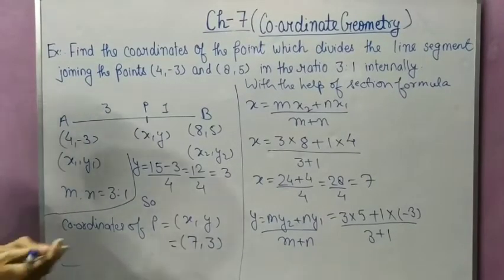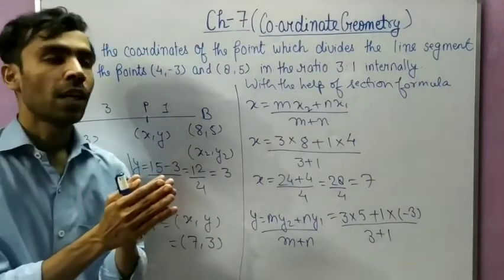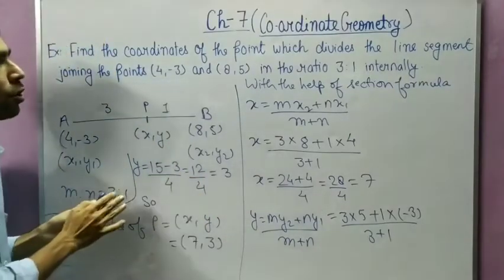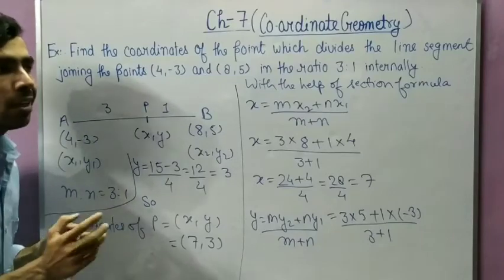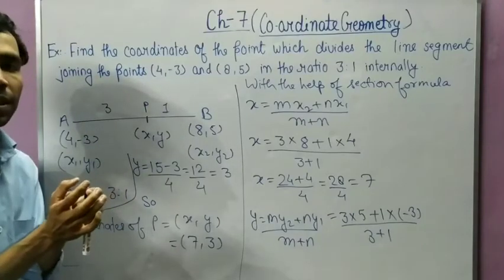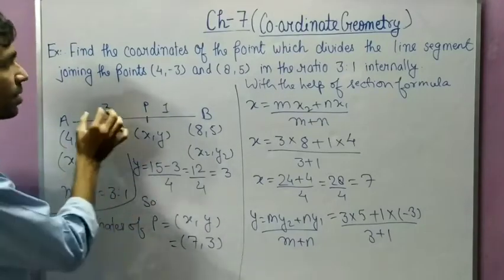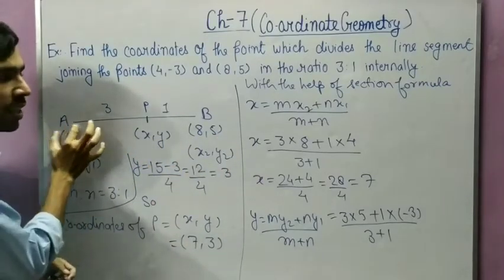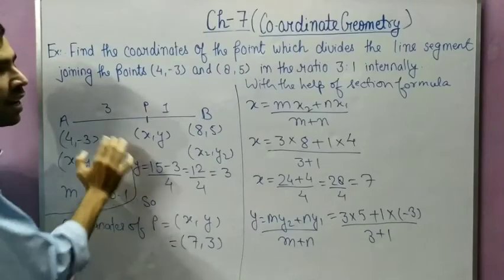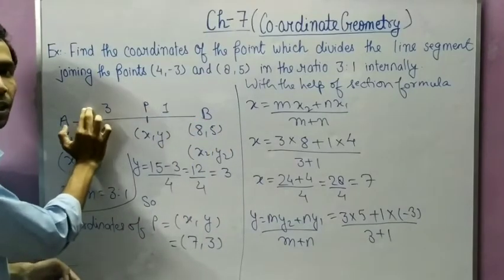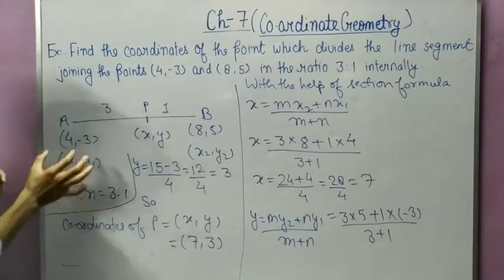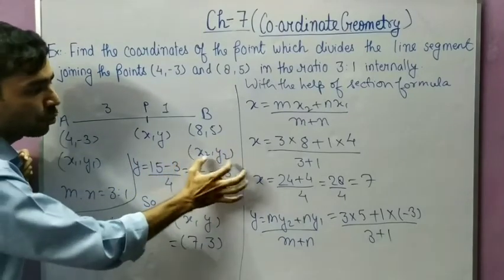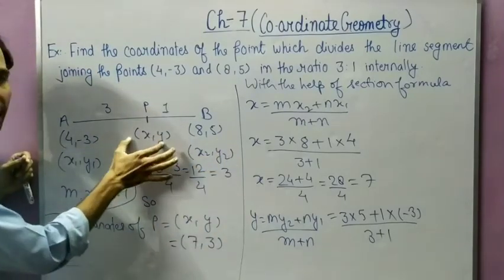See, in this question we have to find the coordinates of a point. Okay, so coordinates of point we have to calculate, and for the line segment, 2 points were given, that is (4, -3) and (8, 5). So suppose it is A, it is B, and this point divides this line segment in the ratio of 3:1. So this point I have assumed (x1, y1), this point I have assumed (x2, y2), and this point suppose (x, y).